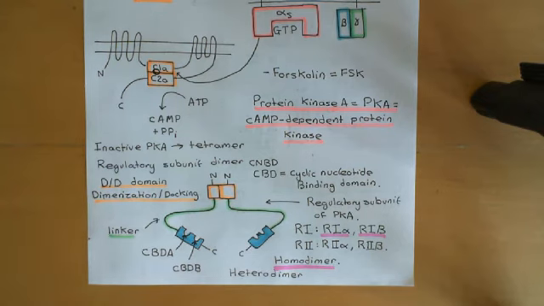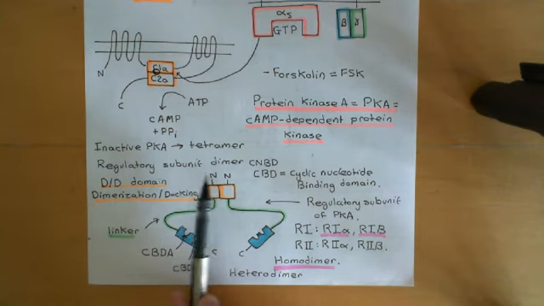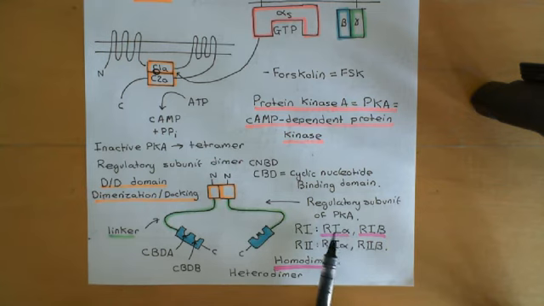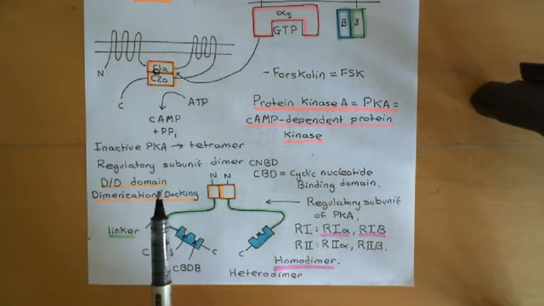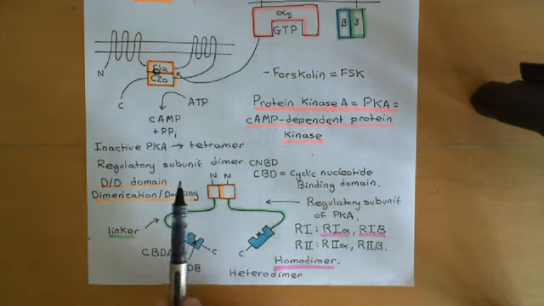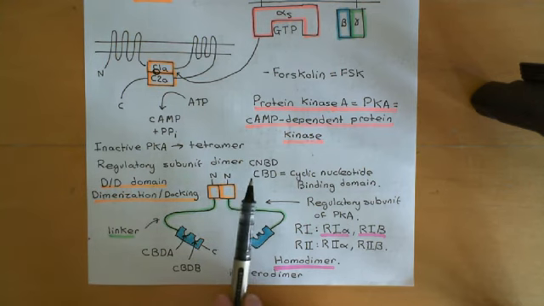Now, your regulatory subunit dimer will be classified as either a type 1 regulatory subunit dimer or a type 2 regulatory dimer. If you have built your regulatory subunit dimer out of type 1 regulatory subunits, so either the R1 alpha homodimer, the R1 beta homodimer, or the R1 alpha R1 beta heterodimer, that will be called a type 1 regulatory subunit of protein kinase A dimer.